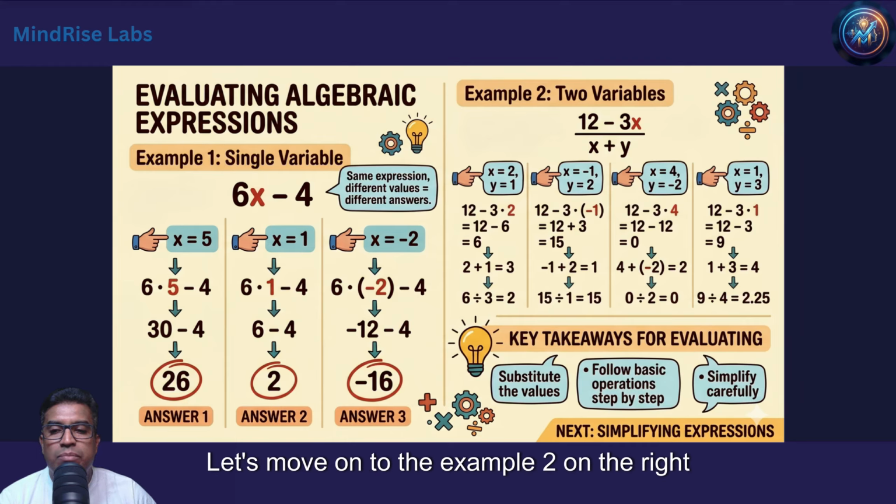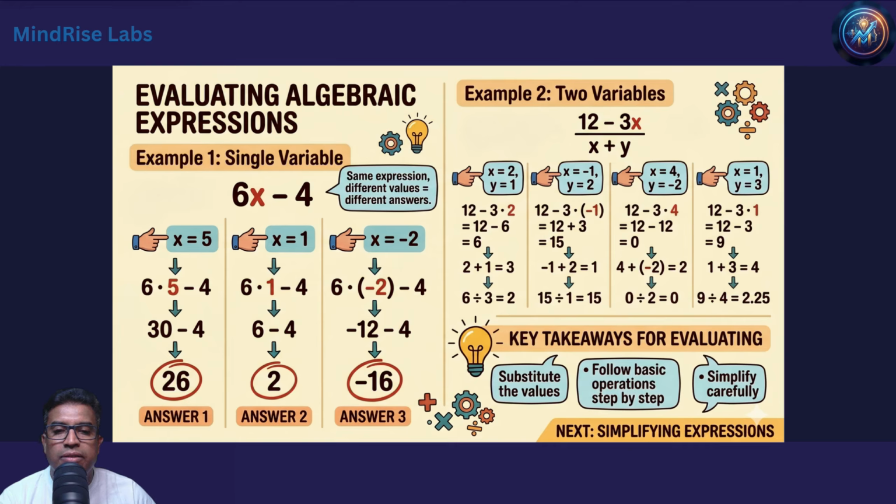Let's move on to example 2 on the right side of the screen. Now let's try something with two variables. We will evaluate 12 minus 3x divided by x plus y. All right, let's plug in some values here. When x is 2, y is 1.